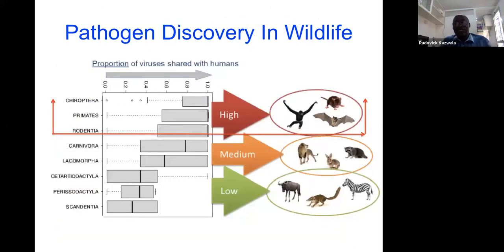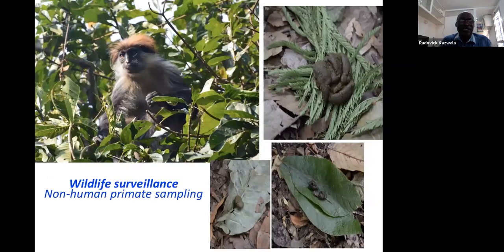But in our work, not only do we investigate the presence of the known pathogens, but we also need to look at unknown pathogens, based on my earlier slide, where we are showing that we share highly with these taxa. And we did a lot of work in wildlife surveillance for non-human primates.